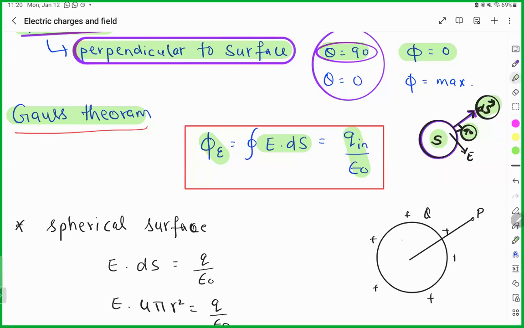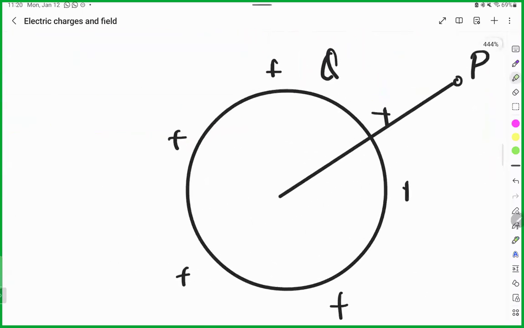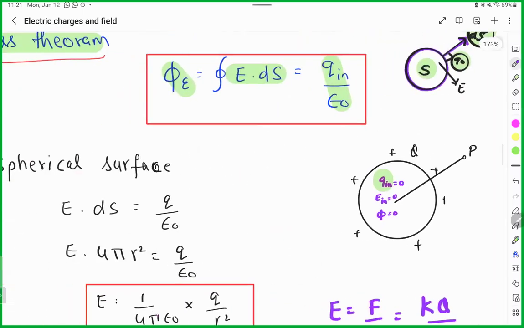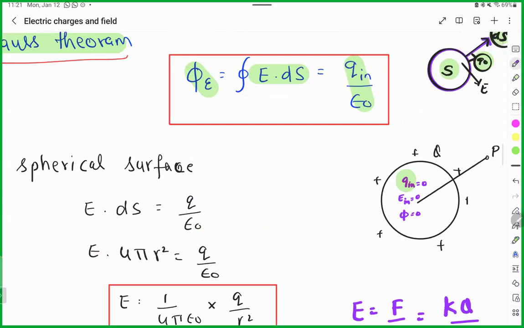Imagine no charge inside this sphere. Charge inside is 0. Then in this case, electric field inside will be 0. If electric field is 0, electric flux will be 0. Make sense? Understood? Yes. So it depends upon the amount of charge.